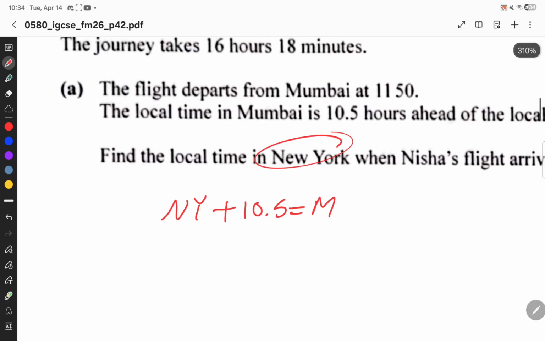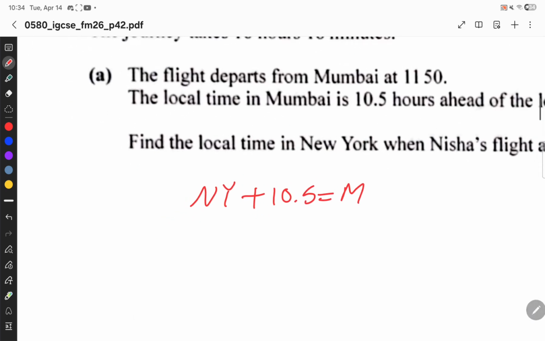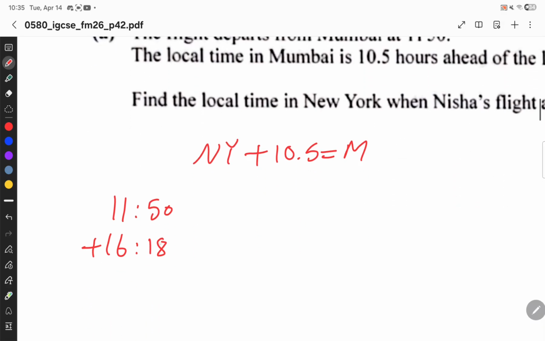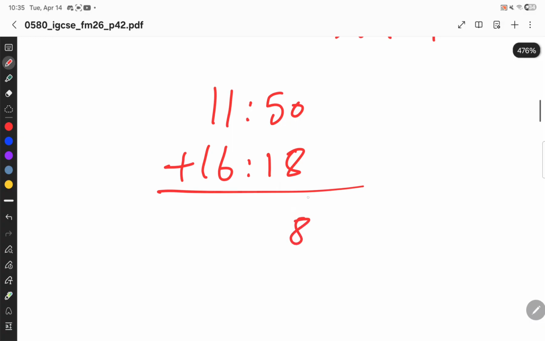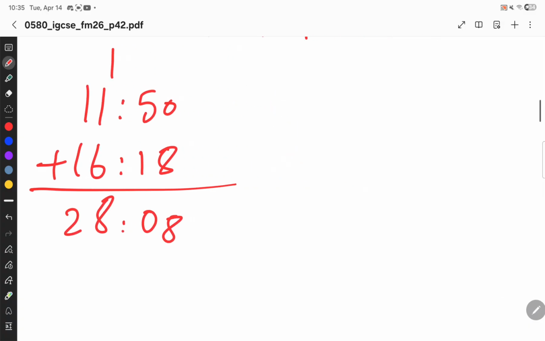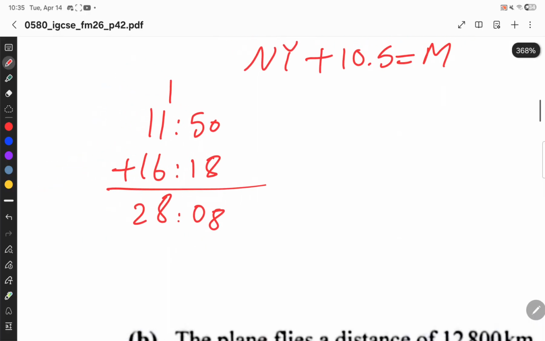So in Mumbai, the flight departs at 11:50, and we need to add 16:18 to it. So we get 28:08, and 28:08 is the time.